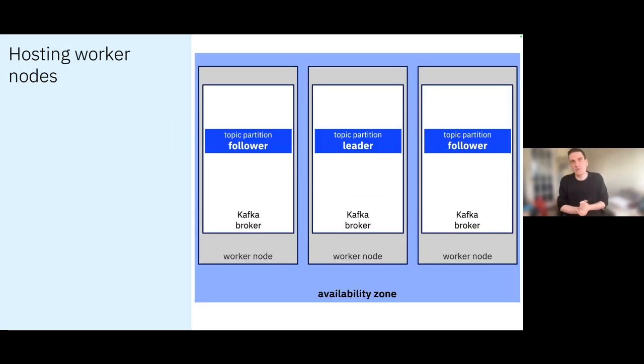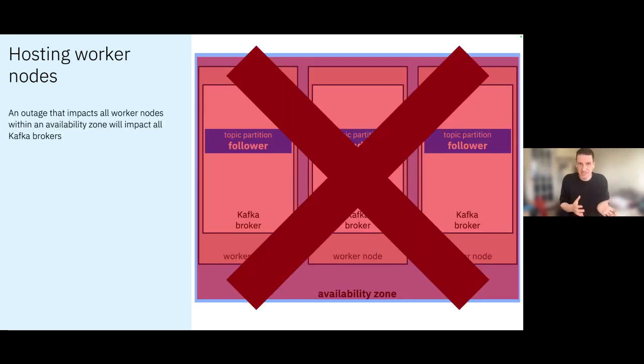Well, there's still slightly more to it than that, because I mentioned that we will automatically distribute your replicas so that they are on separate brokers, and we'll distribute your brokers so they're on separate worker nodes. But if all of those worker nodes are hosted in the same cloud availability zone, then if anything happens to impact that availability zone, you will lose all of your brokers, which means you are no longer resilient.